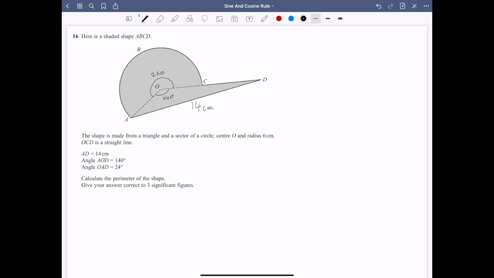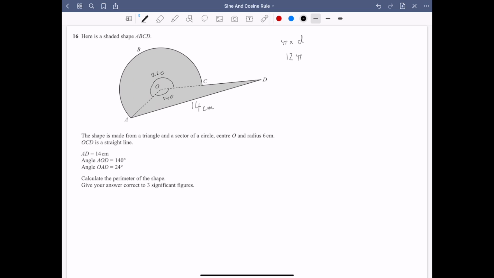And we know that the circumference of a circle is equal to pi times its diameter. And we're told that the radius of the circle is 6 centimeters, which means the diameter is 12. So the circumference of the whole circle would be 12 pi.